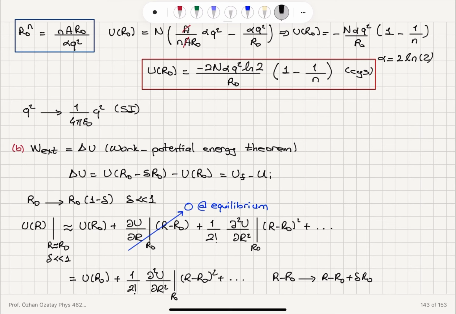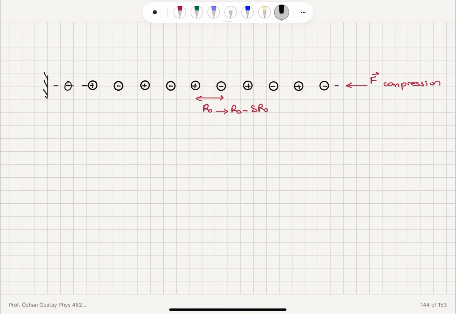So basically we find delta U is equal to 1 over 2 factorial times the second derivative of U with respect to R evaluated at R0, multiplied by (R minus R0) squared, which is evaluated at R equal to R0 minus R0 times delta.